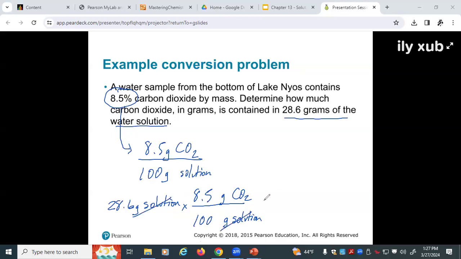My grams of solution cancel. My answer, 28.6 multiplied by 8.5 divided by 100 to 2 digits. Since my percentage only had 2 digits, it would be 2.4 grams of carbon dioxide.